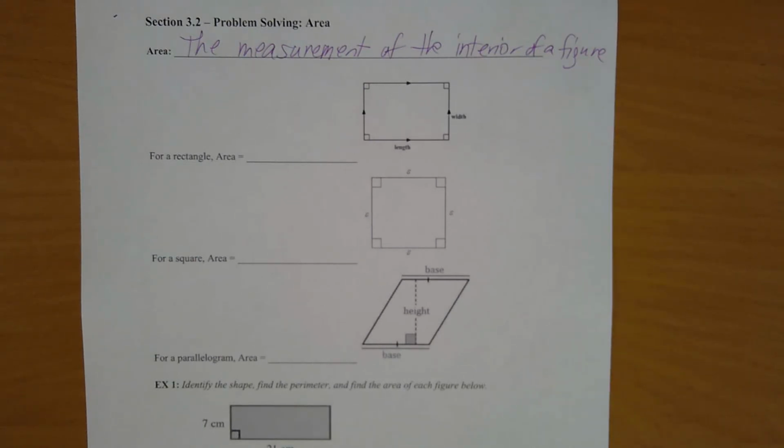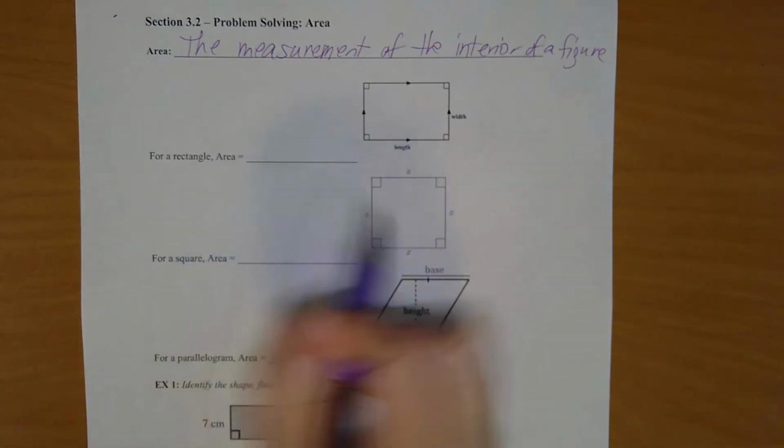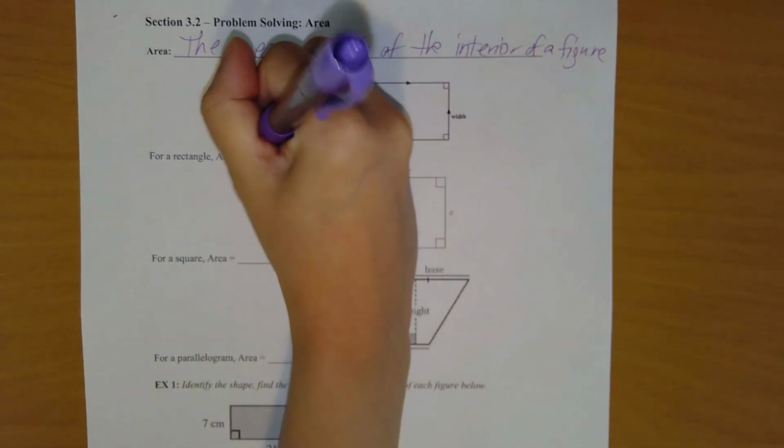So the main shapes that you are going to have in section 3.2 are rectangles, squares, and parallelograms. I have pictures of all three, and we'll talk about the area formulas for all three. For a rectangle, the area is just length times width.